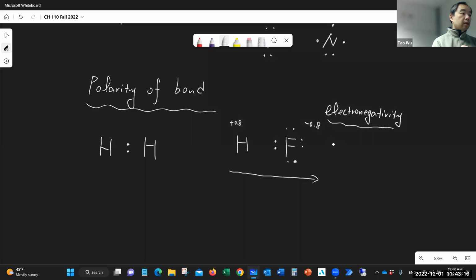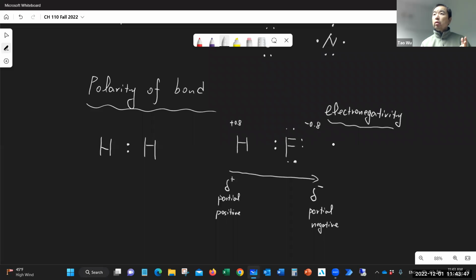On the fluorine side, we have a partial negative charge. This is called a partial negative. But for the hydrogen side, they have a partial positive. Partial negative and a partial positive.